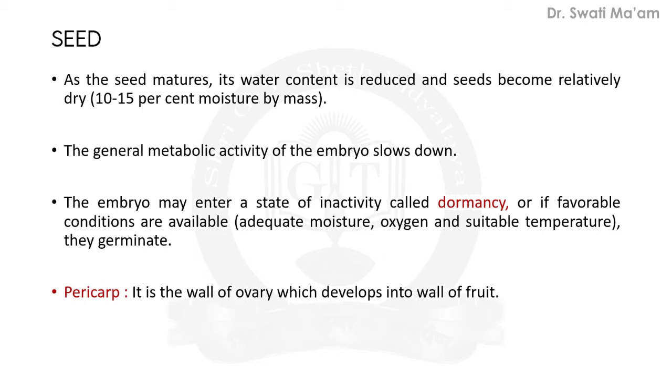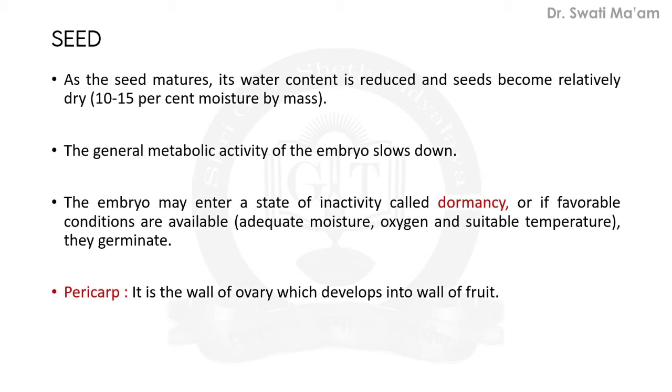Even the general metabolic activity of the embryo slows down. The embryo may enter a state of inactivity, and another term which is used is dormancy. So all these highlighted terms are important to be remembered. Dormancy, another term. Or if favorable conditions are available, what are the favorable conditions?